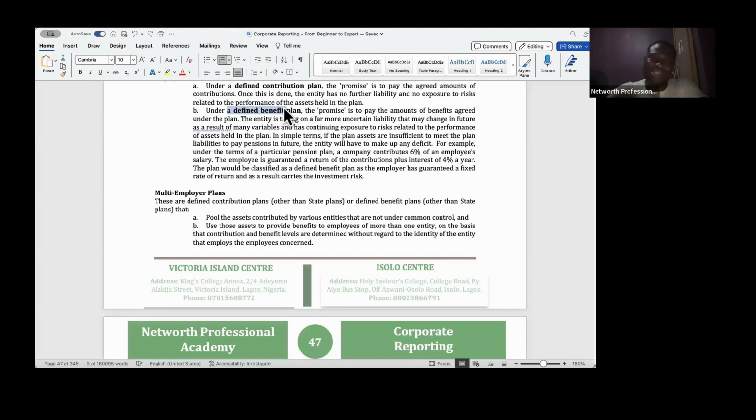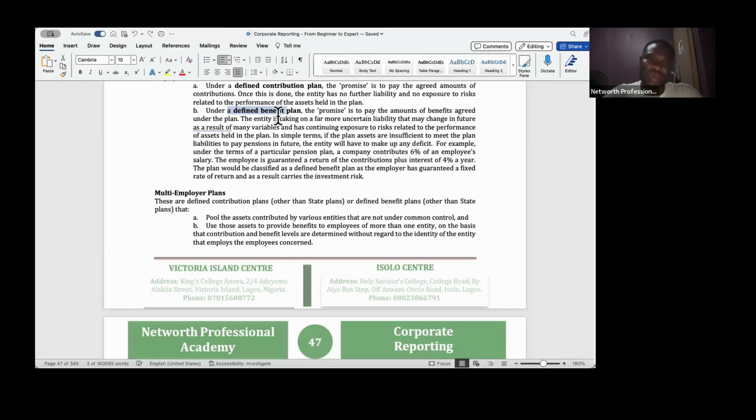So I think the standard, they will use actuarial assumptions to determine a lot of things, the benefits the company will pay, and there are ways they do it, and how much the company should recognize every year as a liability. So our focus is not how the actuary does his work, because I will not ask you that, and I don't expect you to do that in practice.